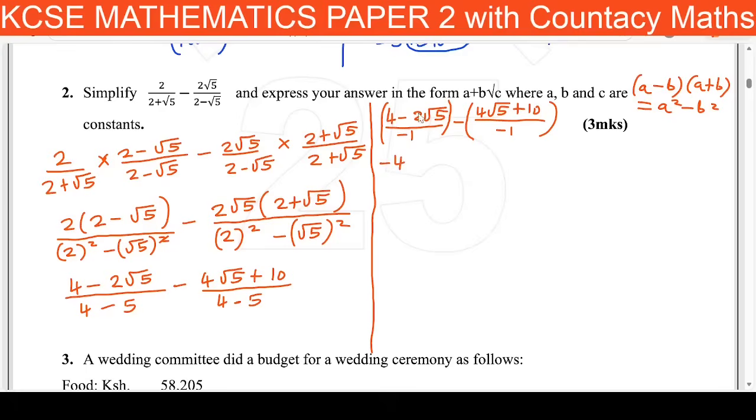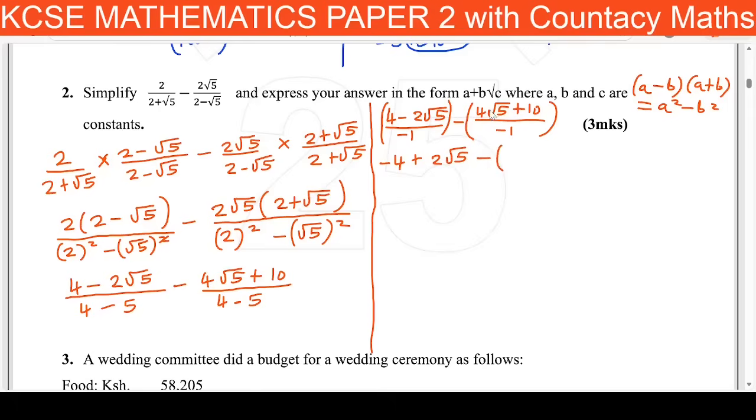Yeah. We have negative 2 root 5. You have to be very careful here. Divided by negative 1, the negative is going to disappear, because negative divided by negative is a positive. Therefore, we are going to get positive 2 root 5. And then we have got a minus, and notice this minus applies to everything that is in here.